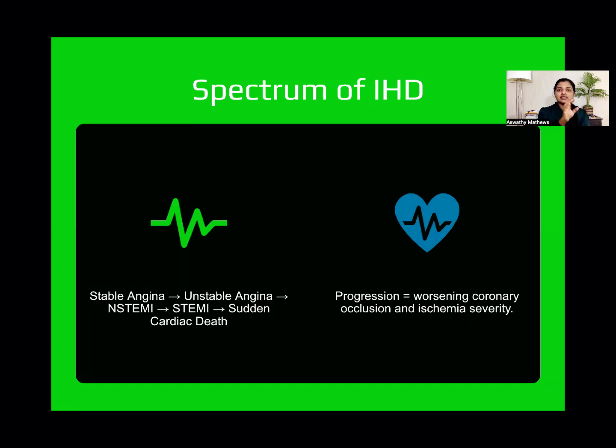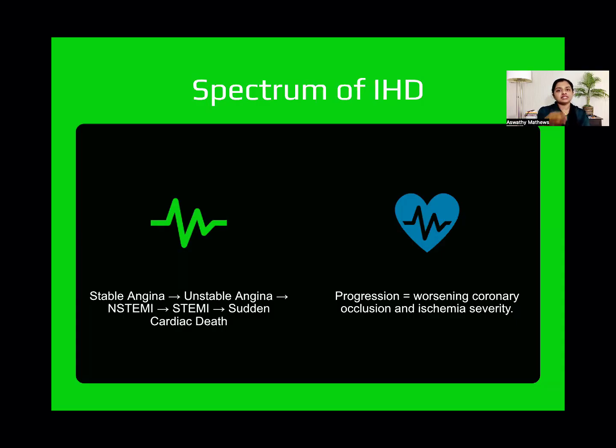Suppose you have stable angina. A patient is having chest pain, but not always. He has chest pain whenever he is doing work, whenever he is climbing stairs. It means the clot is there itself. It's not moving. It's stable angina. In certain situations, the patient has pain even at rest. That's unstable angina. The clot is actually moving.